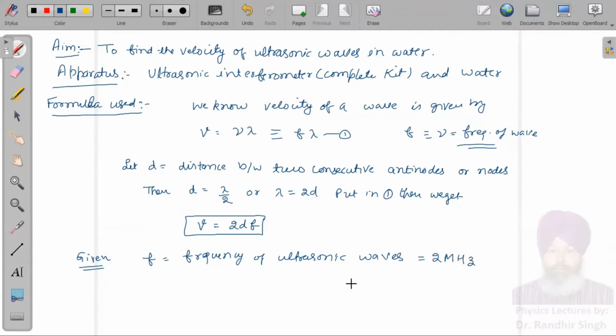So we can write therefore f is equal to 2 megahertz, which is further equal to 2 into 10 raised to power 6 hertz. So this is the formula that we will be using. The frequency of the ultrasonic waves in our experimental kit that we will perform in the experiment will be this one. So this is given to us. So let me move to the next page.